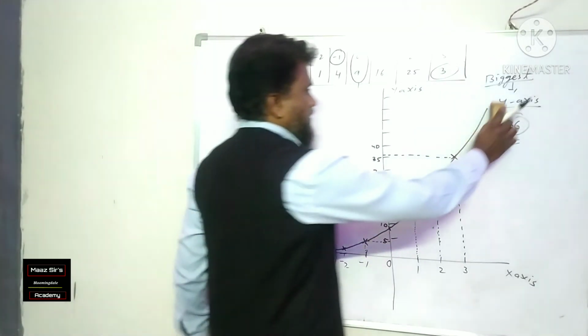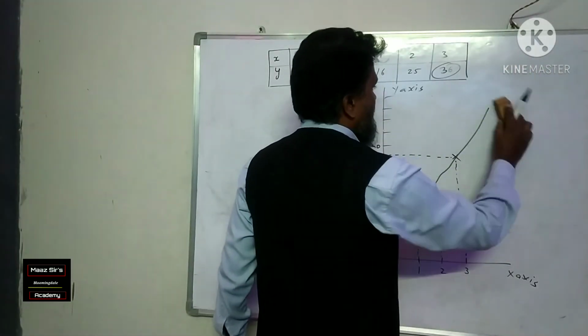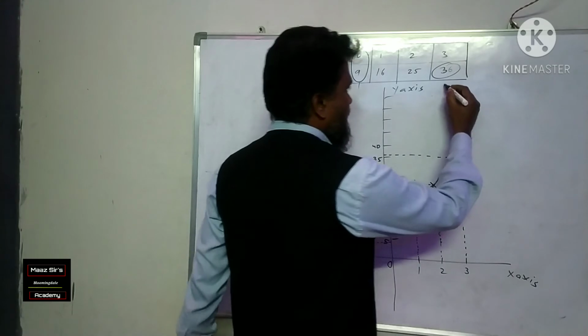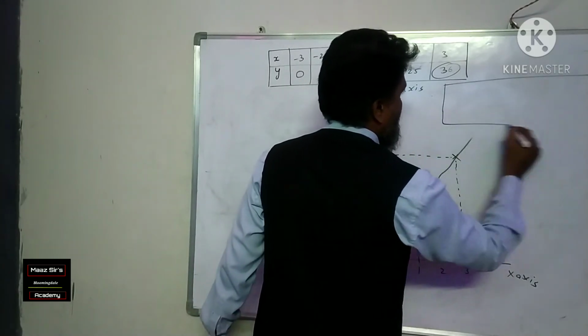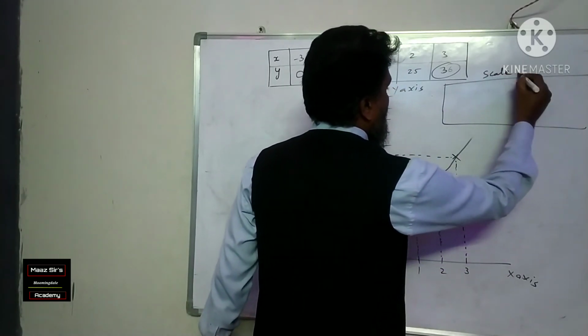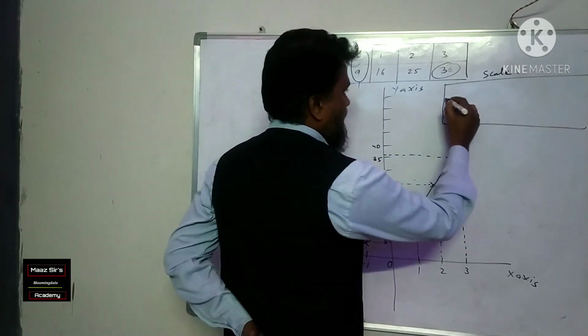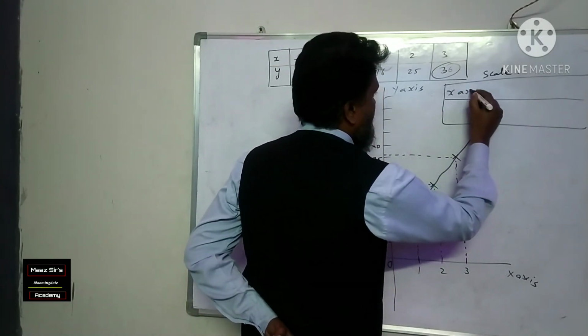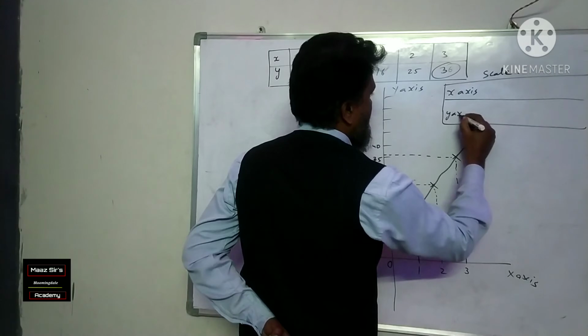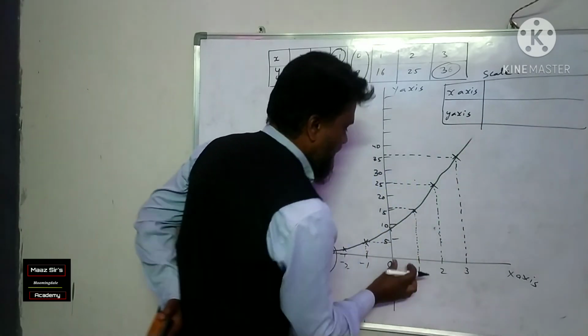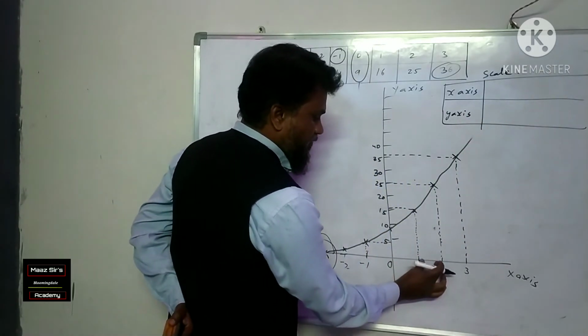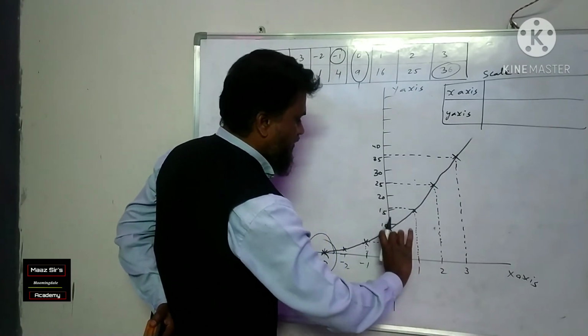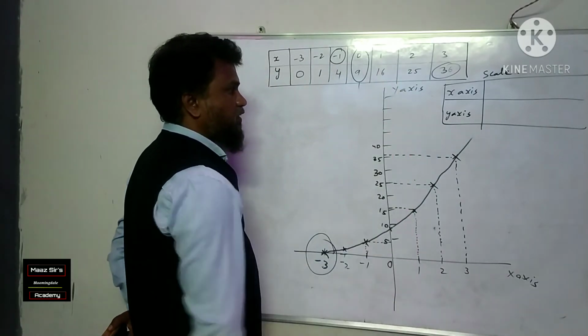Now after that you have to write the scale on the graph sheet. So what is the scale? You have to write x-axis, y-axis. Here it is always 1 centimeter, 1 centimeter, 1 centimeter, all the values are 1 centimeter.